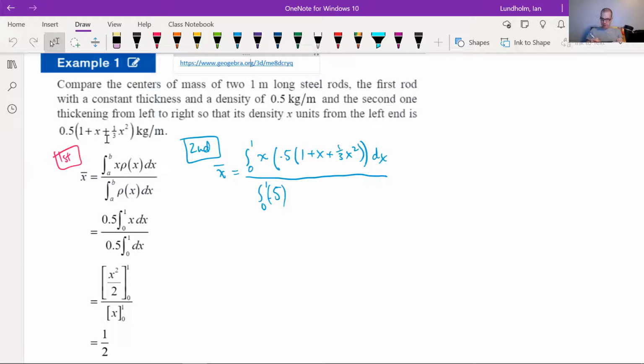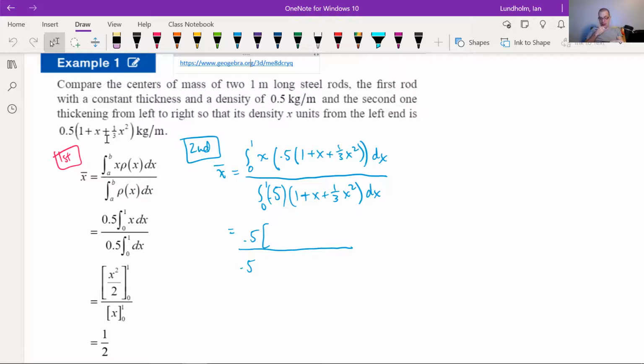So 0.5 times 1 plus x plus 1/3 x squared dx. And the idea here is we take antiderivatives. I'm going to bring the 0.5 out front on both of these.